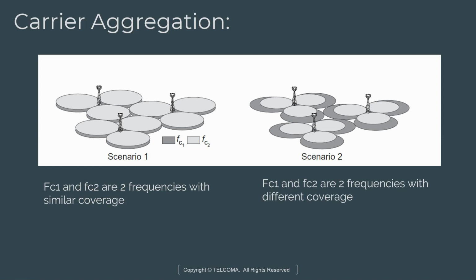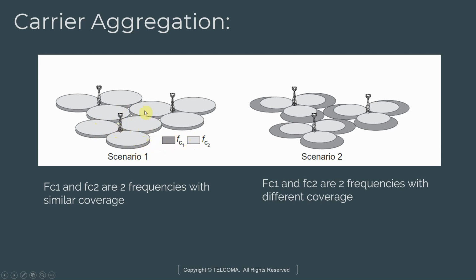They cover the same amount of area, and you have this region where you have multiple eNodeBs at this location, and each of these eNodeBs has three sectors, and these disks here represent the coverage of each sector, and these colors represent coverage from each frequency. So the dark gray is the coverage from FC1, the light gray is FC2.